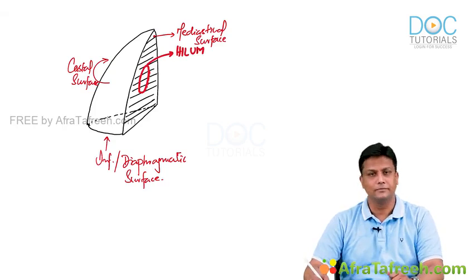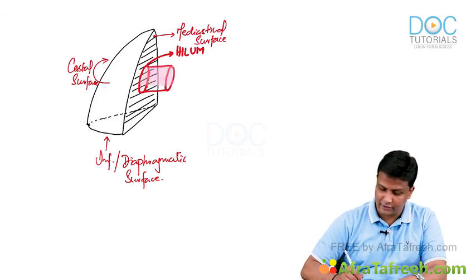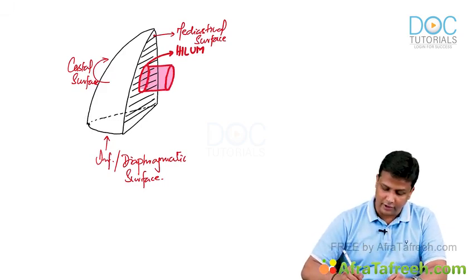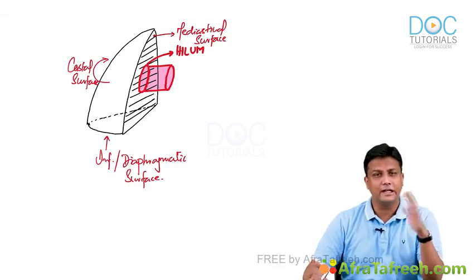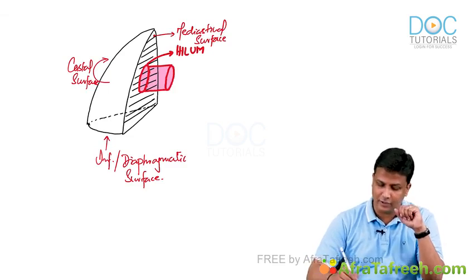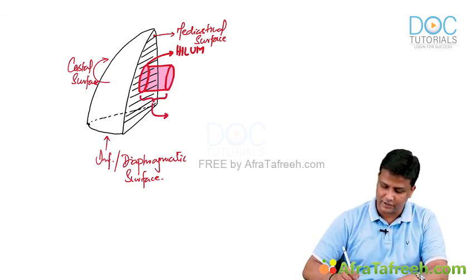All the structures entering and leaving the lung from here, like the pulmonary artery, the bronchial artery, the pulmonary veins and all those things, together form a tube-like structure, and that tube-like structure is referred to as the root of the lung, guys.